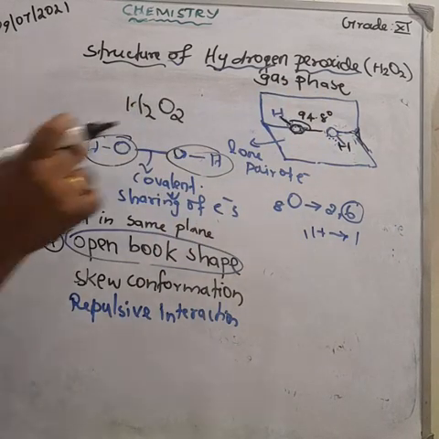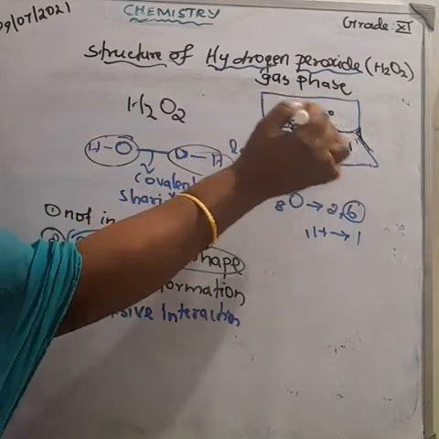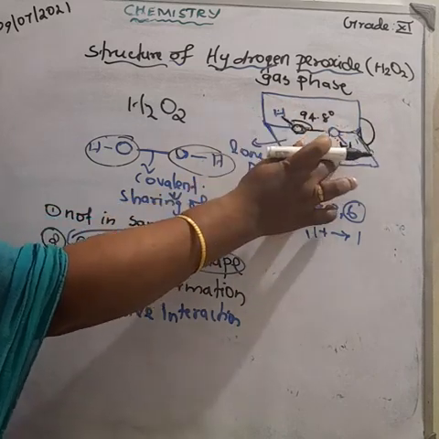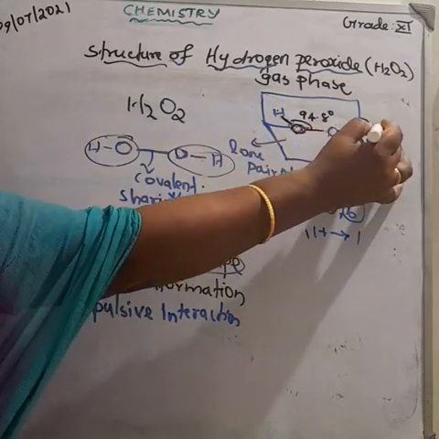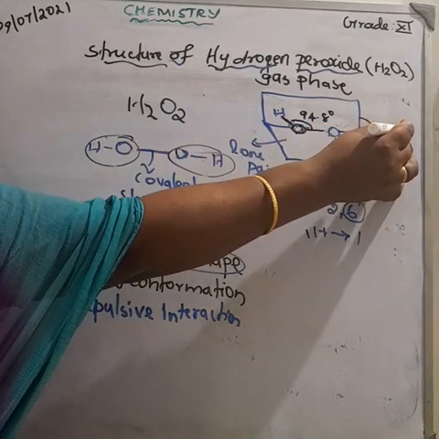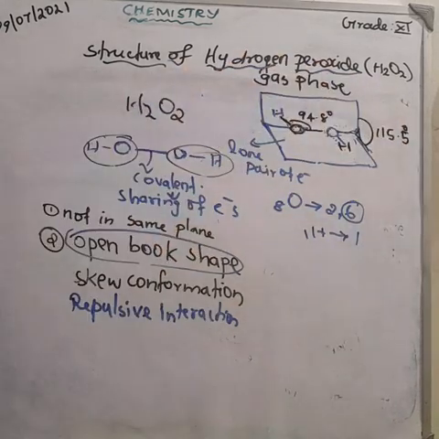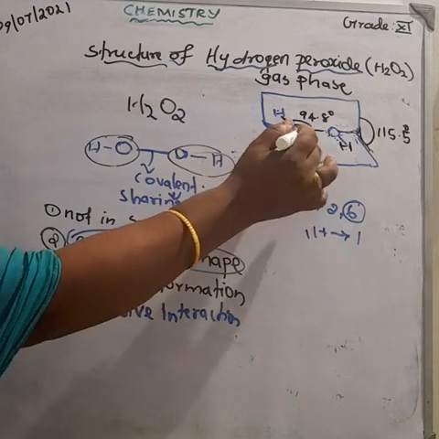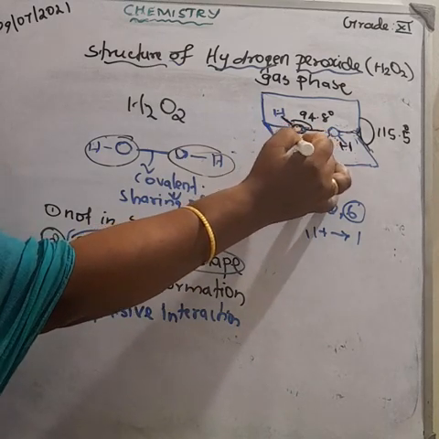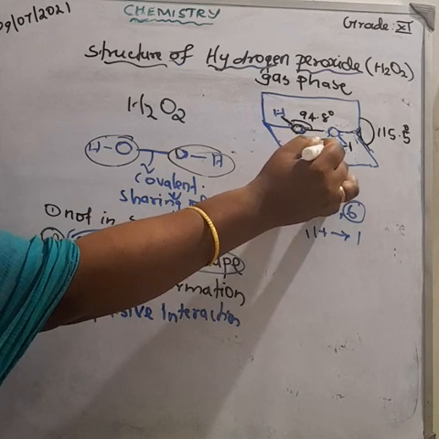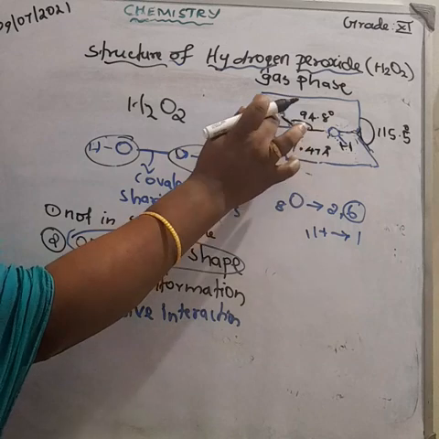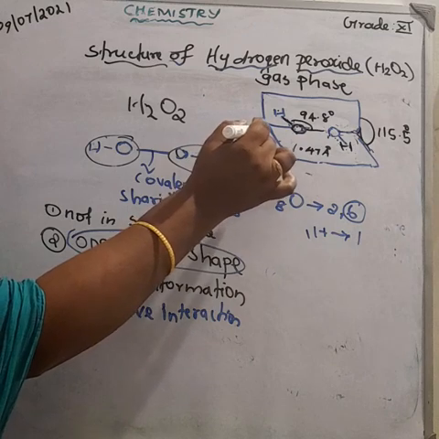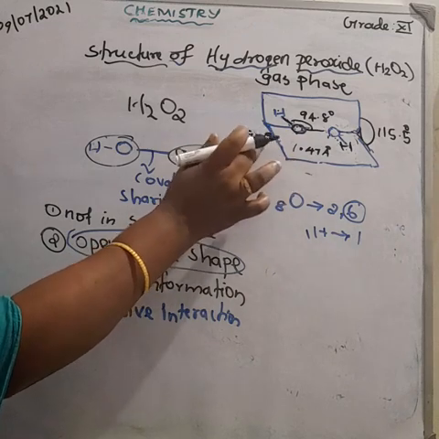The dihedral angle between the two hydrogens is 115.5 degrees. The distance between the two oxygen atoms is 1.47 Angstrom, and the distance between this hydrogen and this oxygen is 0.95 Angstrom.